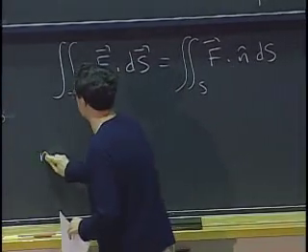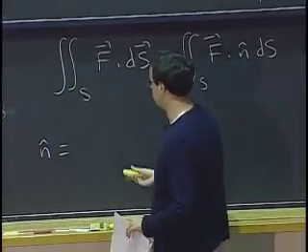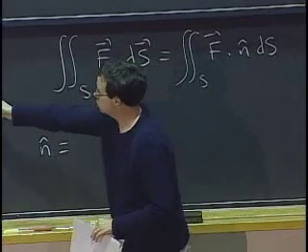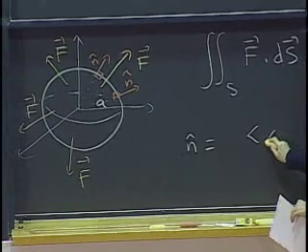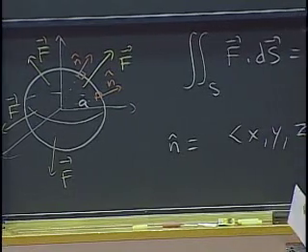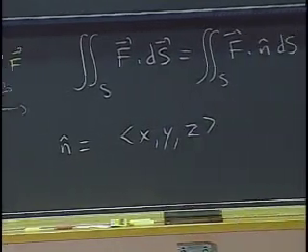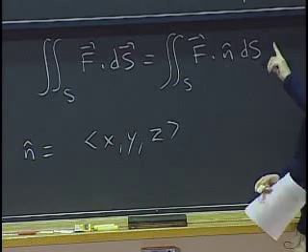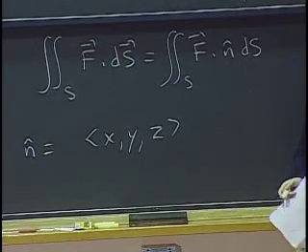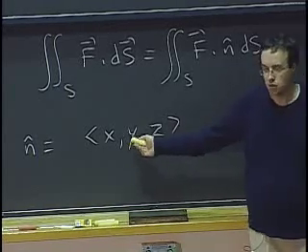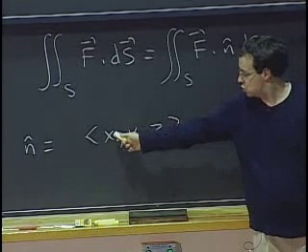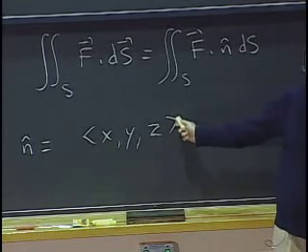Okay, let's think a bit more about what the normal vector looks like. So I say it's sticking straight out. It's proportional to this vector field. So maybe I should start by writing x, y, z, because that's the vector that goes from the origin to my point, so it points radially away from the origin. Now there's a small problem with that. It's not a unit vector. So what is its length? Well, its length is square root of x squared plus y squared plus z squared.